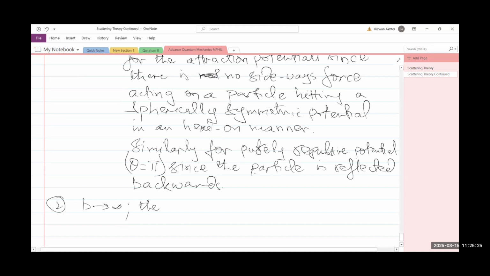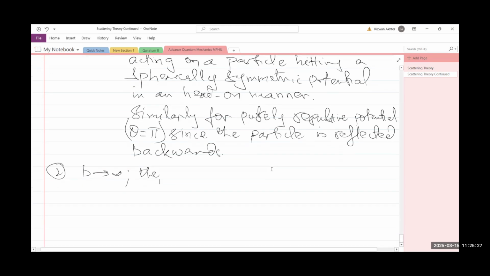So the deflection angle is zero, again zero. But why is that? Now it is zero due to किसकी वजह से?